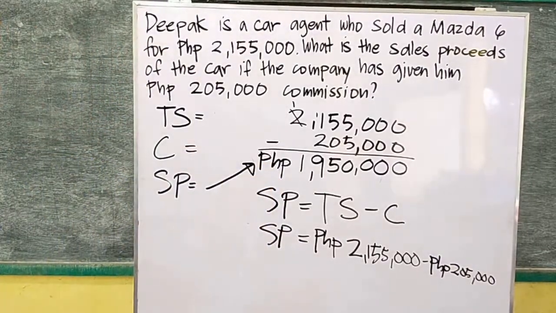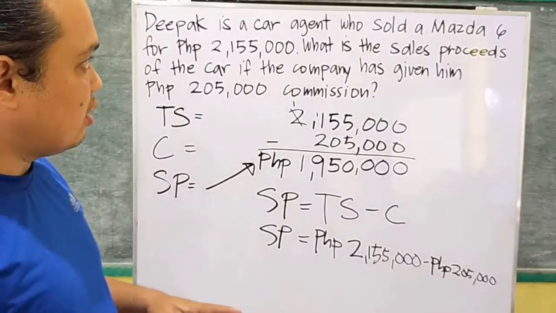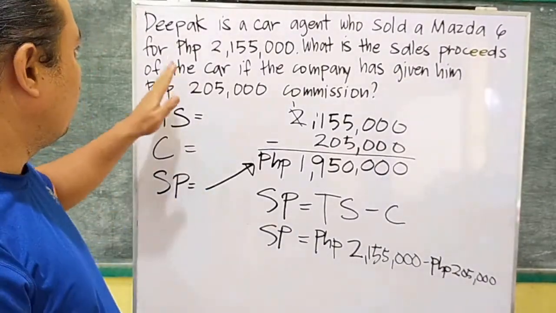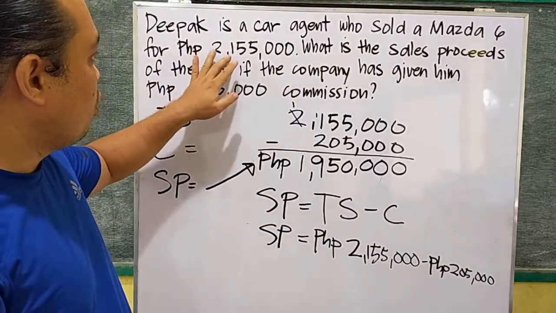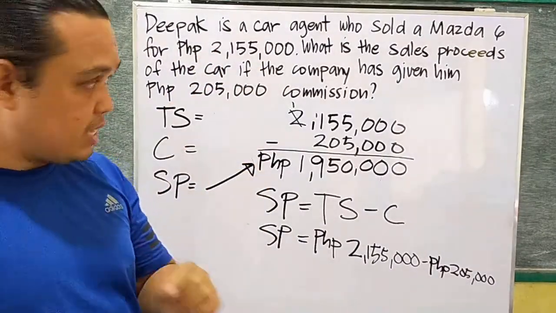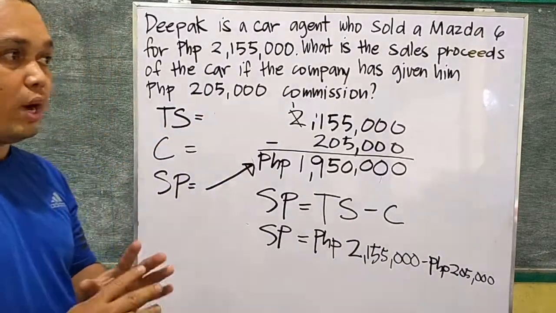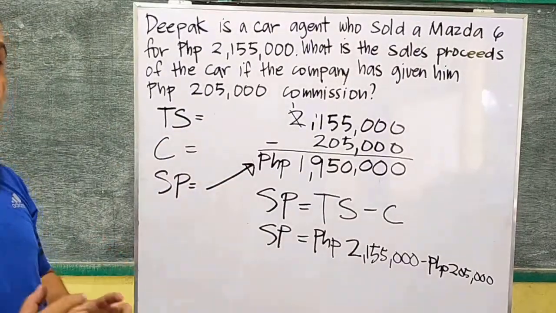So to answer our question, Deepak has sold a car, Mazda 6, worth 2,155,000. The company has given him 205,000 commission. So what is the sales proceeds?